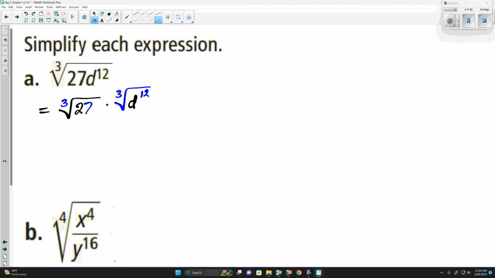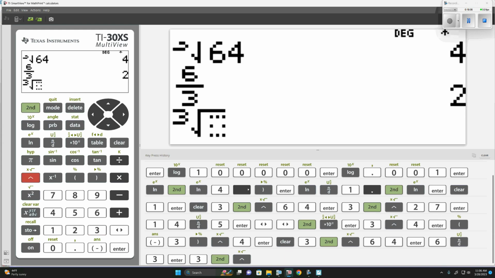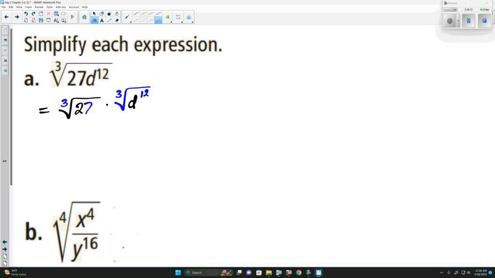We can write it as the cubed root of 27 and the cubed root of d to the 12th. Now if we look at this here, the cubed root of 27, if we can plug this in and get a nice number, that'd be very helpful. So we can look at the cubed root of 27, and it is 3. Since it does simplify nicely, we can just replace it. If it hadn't, we would go through the process like we've done already of rewriting it in simpler terms.